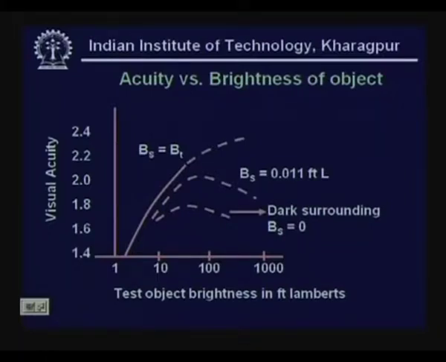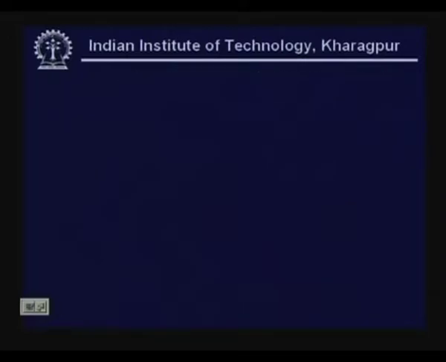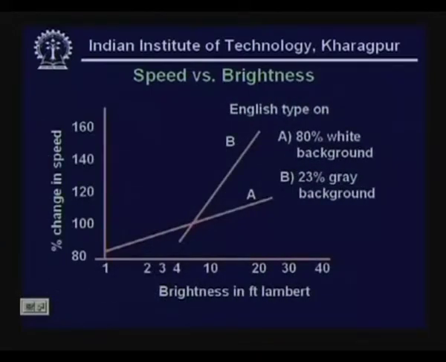But should we make the surrounding brightness equal to the test object, the visual acuity keeps on increasing, but that may not be all the time possible. Then the last thing that needs to be looked at is how the ability of observing or reading goes with the brightness.